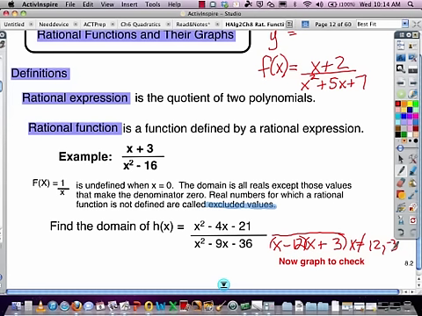Now, even if you graph the whole function h of x, where the numerator is a trinomial and the denominator is a trinomial, as a fraction, you still should not be able to have 12 and negative 3. That's what you're looking for when you graph. So what makes the denominator 0 are called excluded values. They would make the equation bad. We can't have zeros in the denominator.